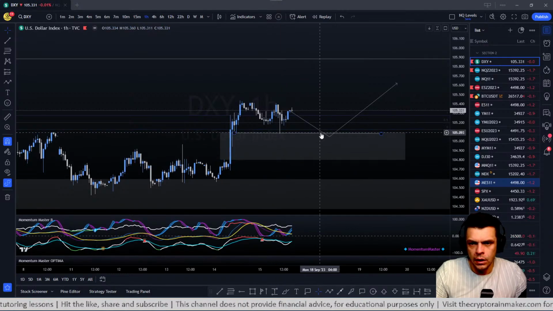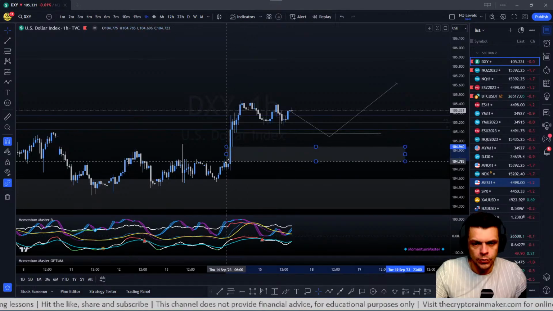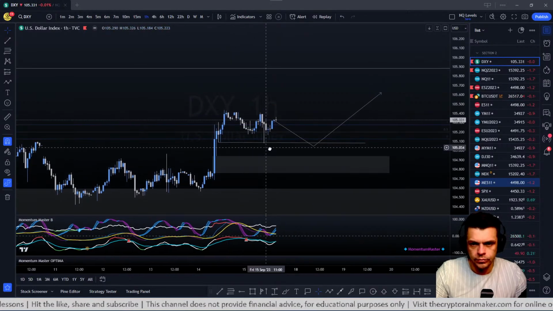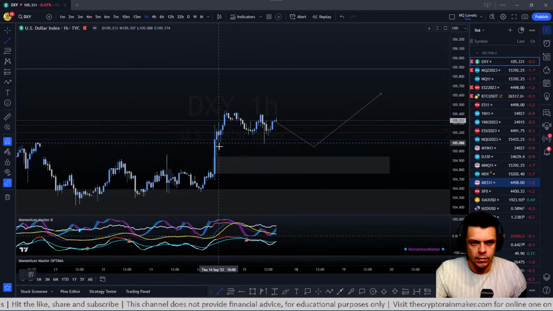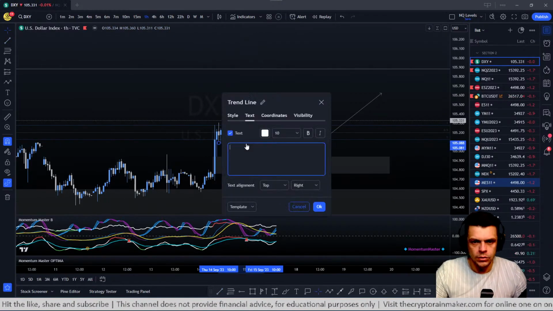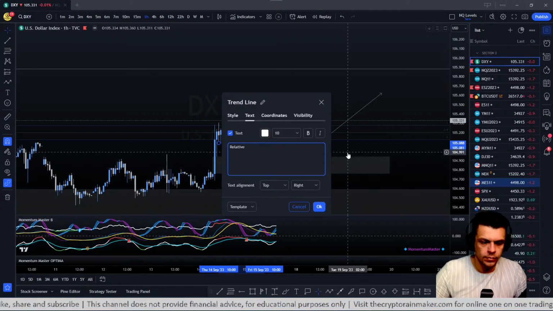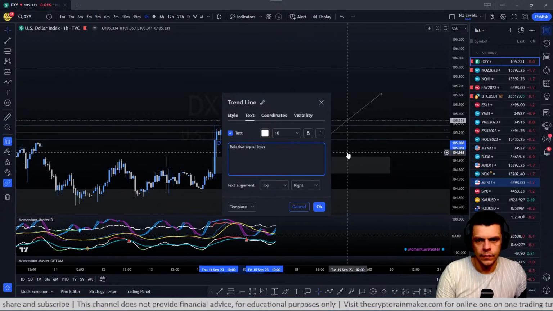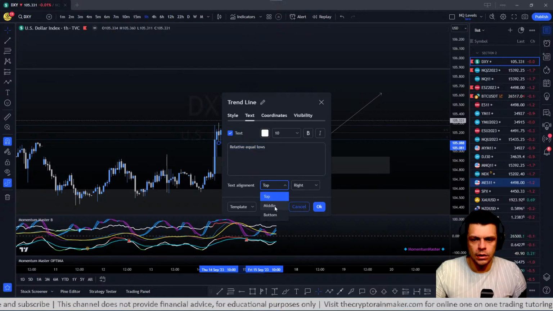And then on the 1-hour, let's refine this fair value gap from the 4-hour to the 1-hour. Okay, so this is our equal lows. And we know that below relative equal lows is the sell side liquidity.